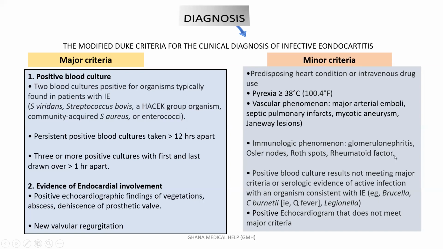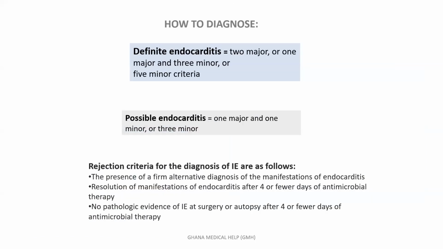Immunologic phenomenon, that is glomerulonephritis, Osler nodes, Roth spots, and the rheumatoid factor. Positive blood culture result not meeting major criteria or serologic evidence of active infection with an organism consistent with infective endocarditis, and a positive echocardiogram that does not meet major criteria.